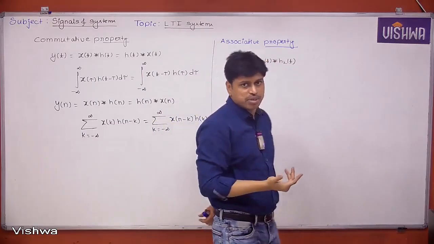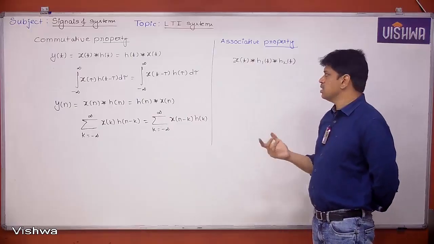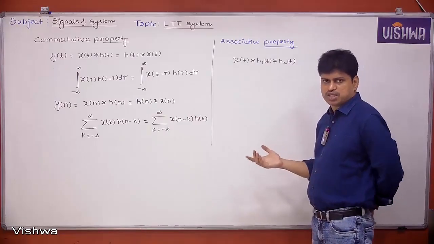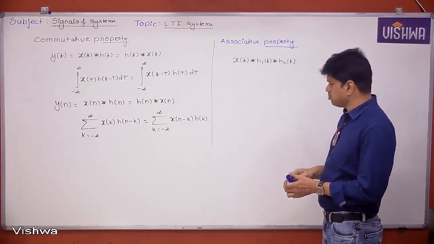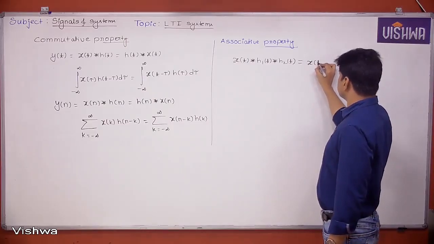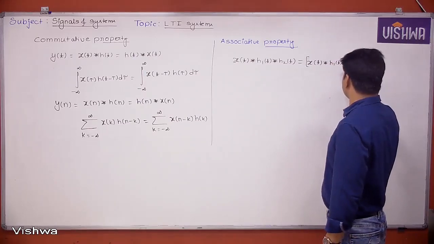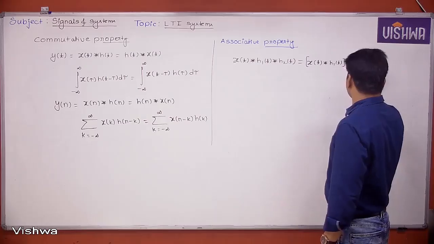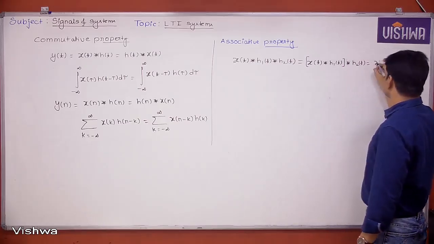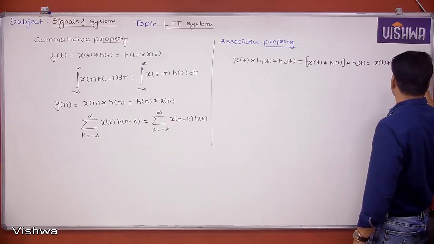So you can convolve any two signals first, then convolve with the other signal. That's the meaning of the associative property. So x of t convolution with h1 of t, whole convolution with h2 of t, is equal to x of t convolution with h1 of t convolution with h2 of t.